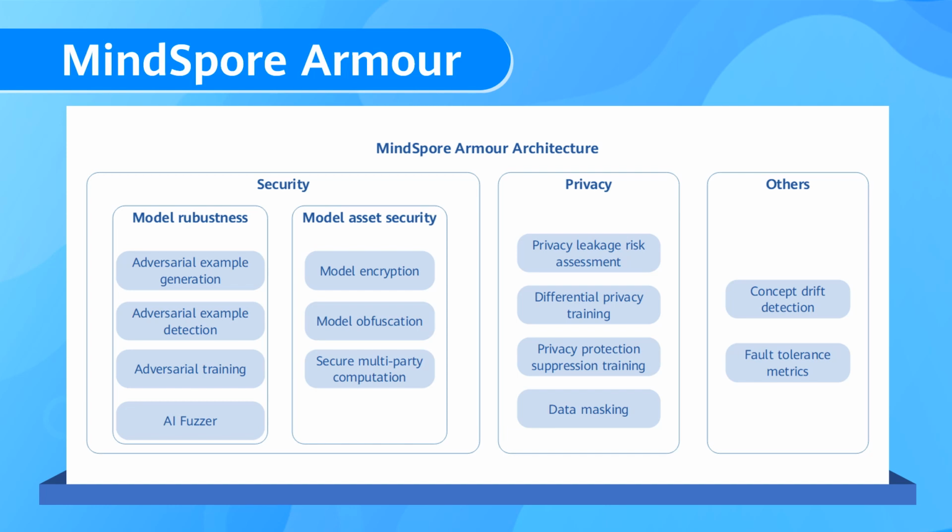MindSpore Armor provides a comprehensive set of features, such as generating natural perturbation examples, creating black box and white box adversarial perturbations, detecting adversarial examples, conducting adversarial training, and utilizing AI further for fast testing. These resources empower users to swiftly and effectively assess the resilience of AI models and enhance their attack resistance capabilities.